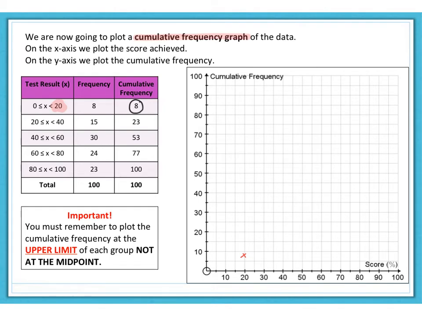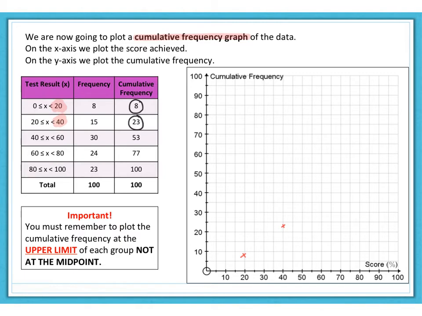The next cumulative frequency is 23. Now this corresponds to all of the people who scored up to 40%. So my next point is plotted at 40%, and it refers to 23 people, the 23 people who scored below 40%.